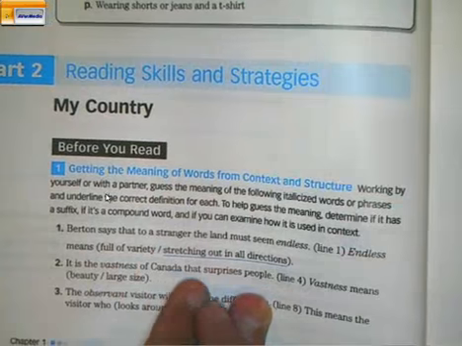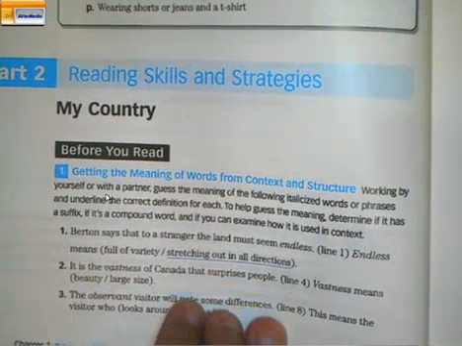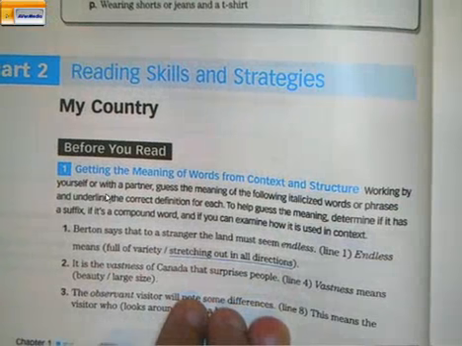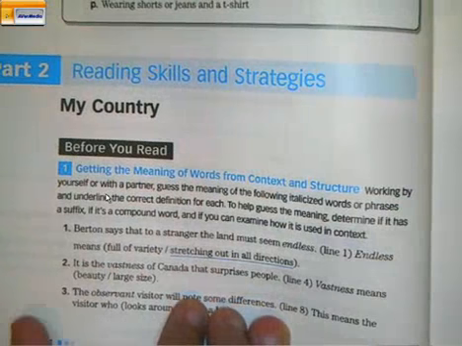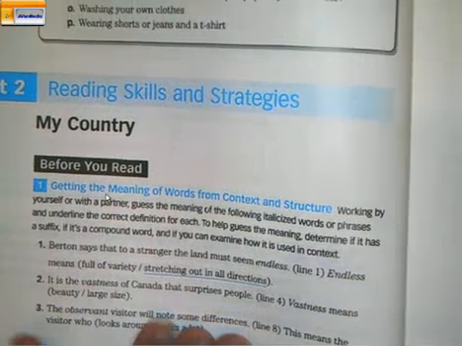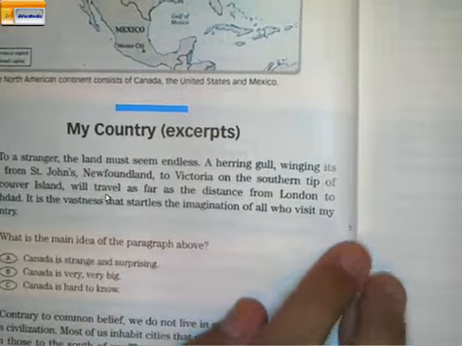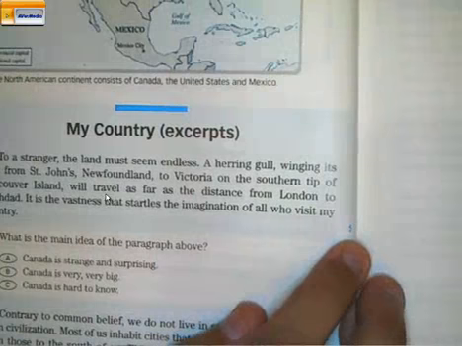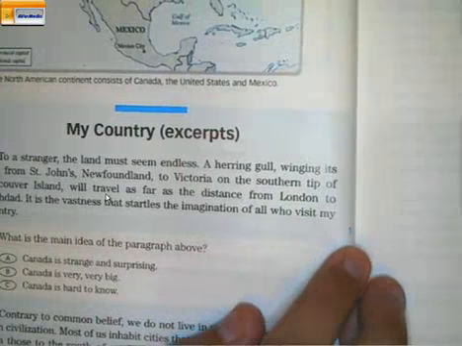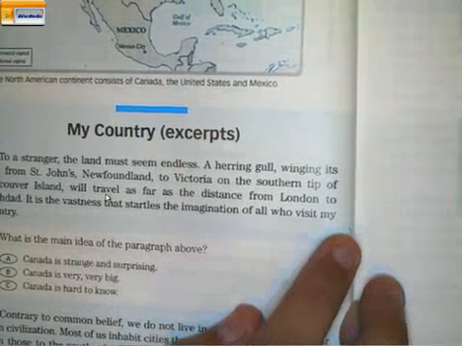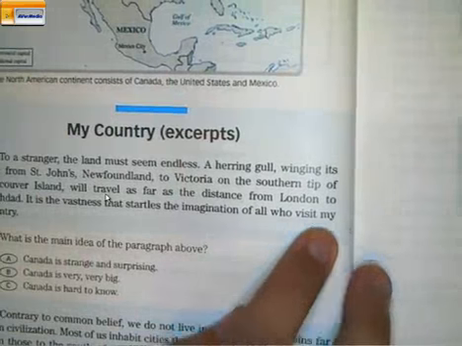Number two, it is the fastness of Canada that surprises people. This is in line 4, and to go to the passage, we can go here to the passage, and we see here are numbers. Here's 5, it means line 5, so line 4 should be above here.